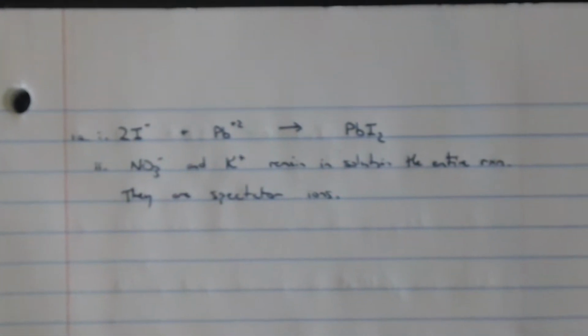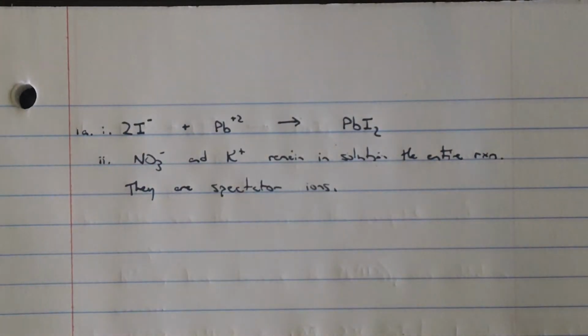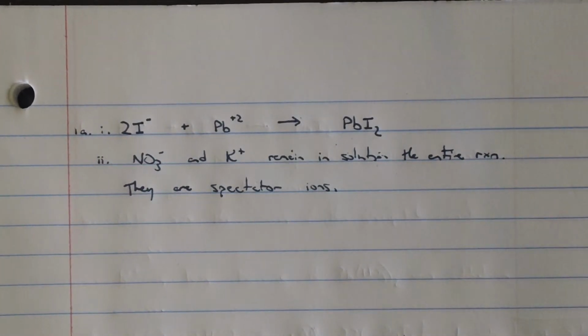That's what I put. Good enough. You're going to get a point for knowing that they're spectator ions. It's really about using that verbiage of the fact that they're spectator ions. That's it. That's part A.